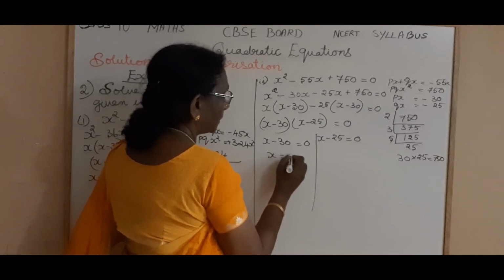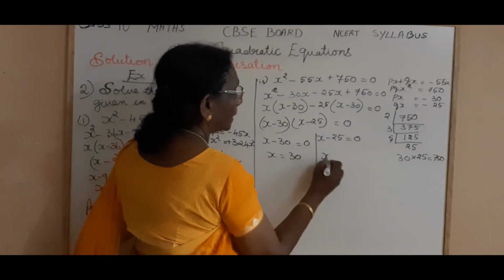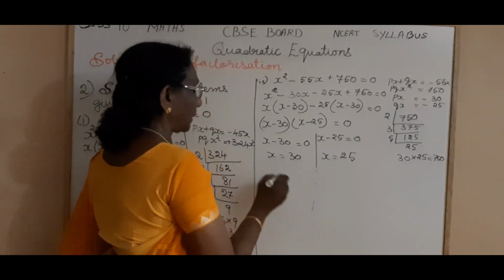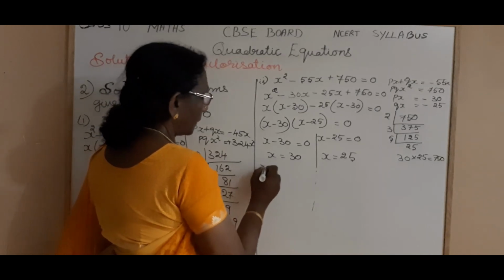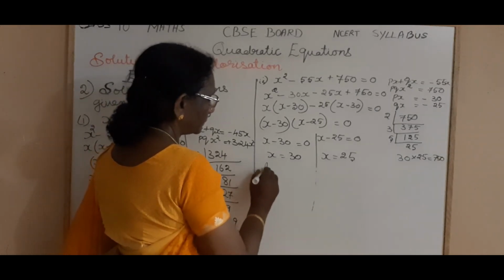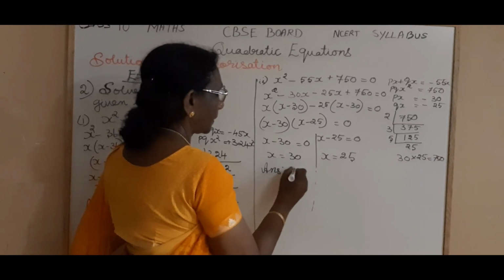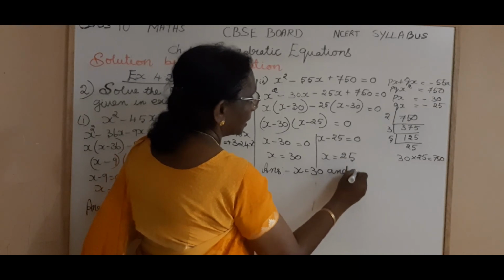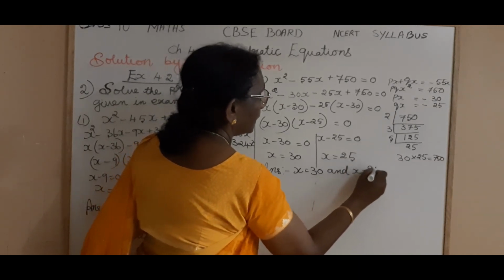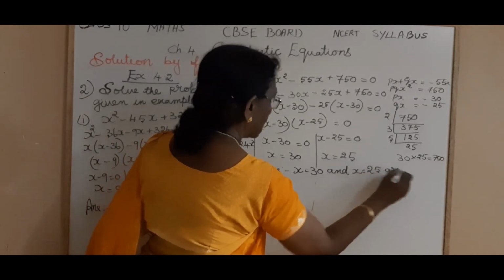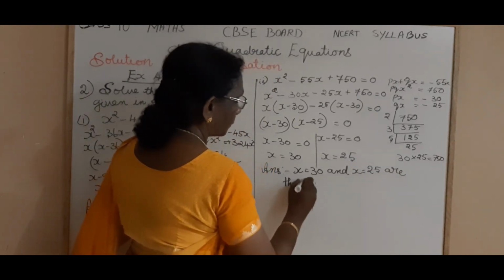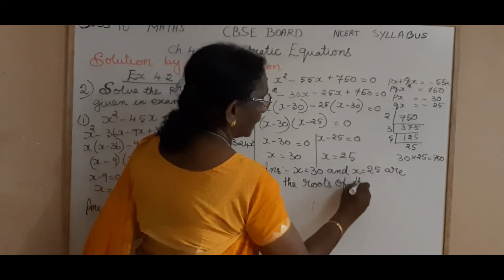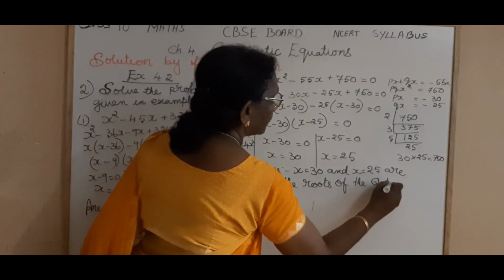So x is equal to 30 and x is equal to 25. So the answer: x is equal to 30 and x is equal to 25, or the roots, or you can write solutions of the quadratic equation.